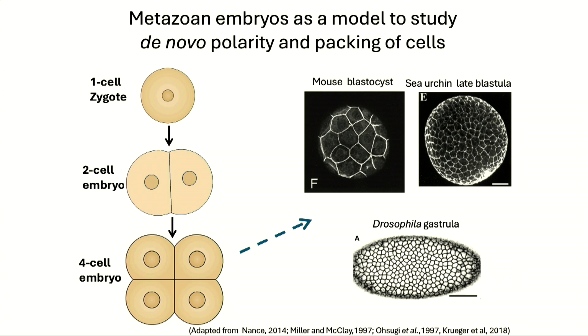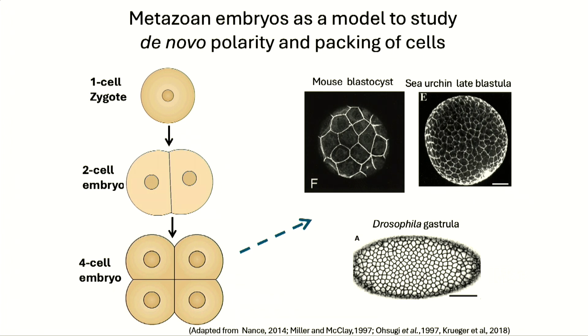If we look at different kinds of embryos that we've been learning from, the mouse embryo, the sea urchin embryo, the Drosophila embryo, the C. elegans embryo, they all turn into this sort of epithelial-like layer organization. So we are moving from a single cell to multiple cells, and these multiple cells are present in one layer across the embryo.